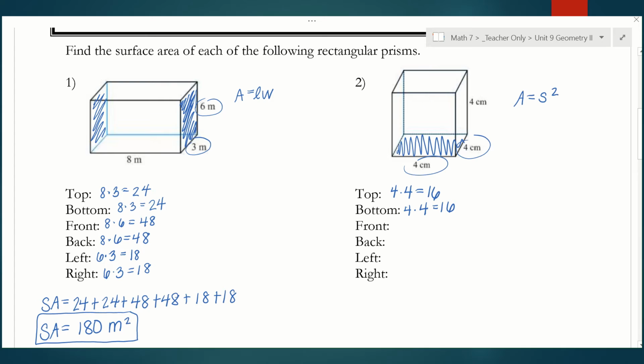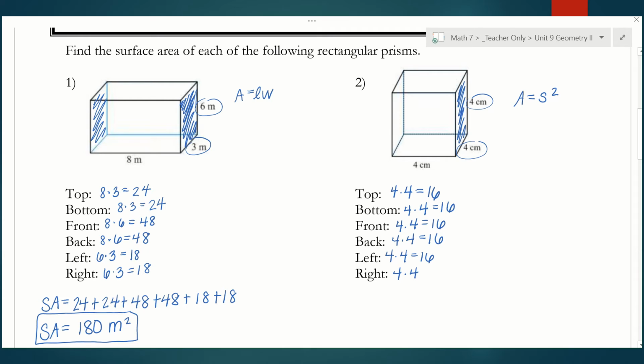Okay, the front and the back. So here's my front, right? 4 by 4, 16. So you guys can see what I'm getting at here. We know the back is the same as the front, so 16. And then your right and left, I'll do the right first. 4 by 4 is 16.